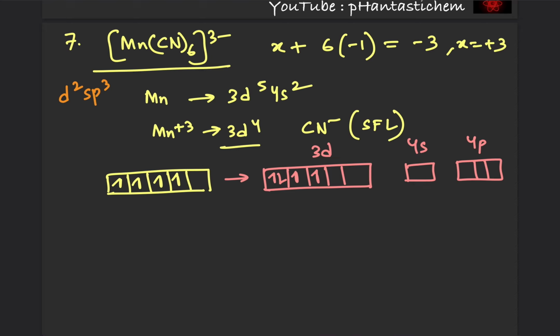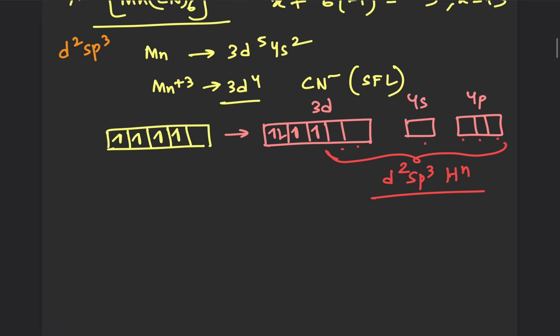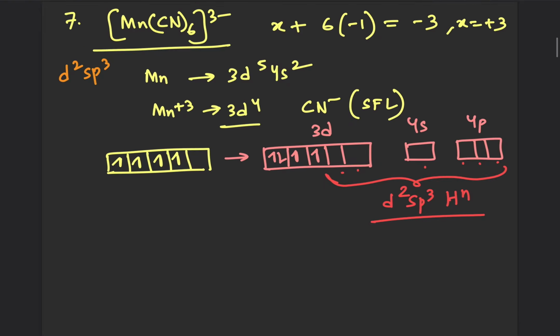You can see here these orbitals undergo mixing to give us 6 d2sp3 hybrid orbitals, or you can say they undergo d2sp3 hybridization. Therefore [Mn(CN)6]3-, that is this one, has two unpaired electrons. These are the two unpaired electrons. So it is paramagnetic.